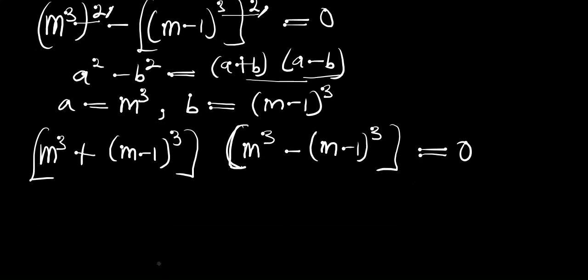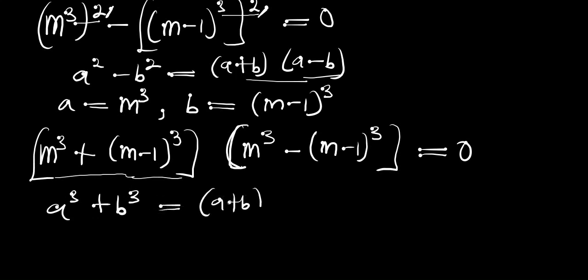Now we can make use of this other identity. This one here is in the form of a power 3 plus b power 3, which equals (a plus b) times (a squared minus ab plus b squared).